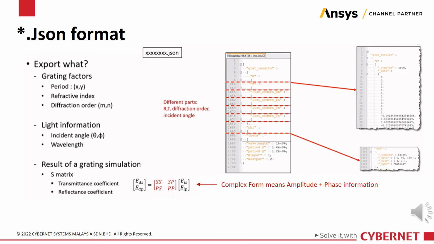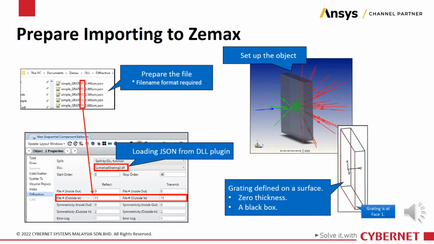Taking Zemax as an example, for a grating, Zemax needs to know the items on the left. The image on the right is the JSON file format that Zemax requires for a grating. The JSON file will be imported by a DLL plugin into the surface, because there is still some computing work after importing to Zemax.